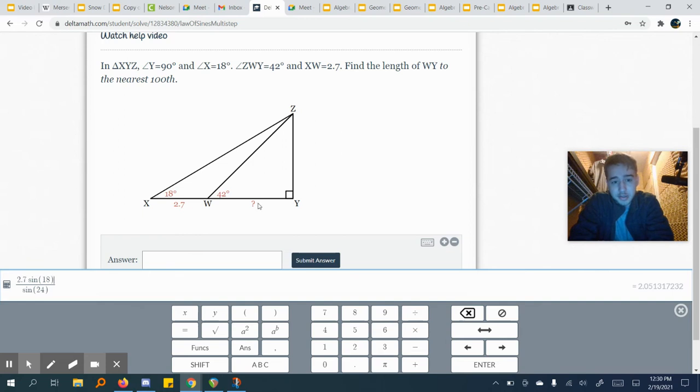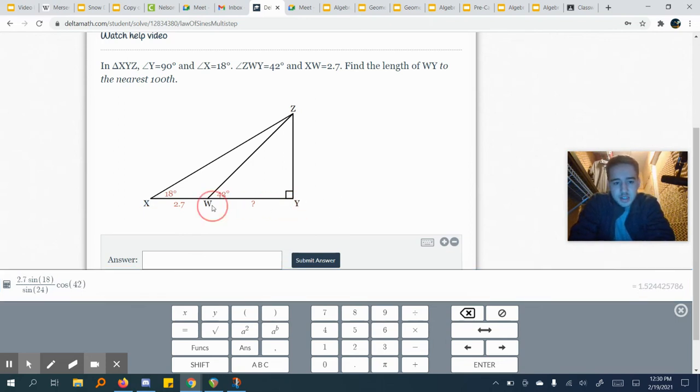So that's our hypotenuse. And all we need to do is use an inverse trig function to give us the other side here. So if sine of that 48-degree angle, or cosine 42, same difference, is going to give us WY over WZ because of the SOHCAHTOA, then what we can do is say, hold on a second, this is going to be WZ, so hypotenuse times adjacent over hypotenuse gives you adjacent.